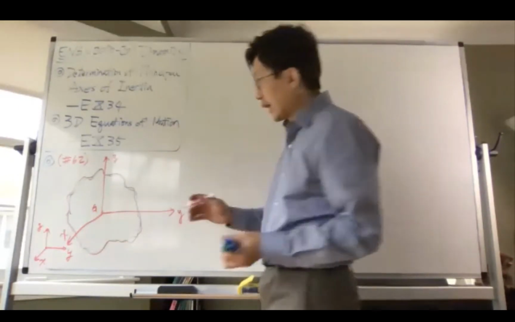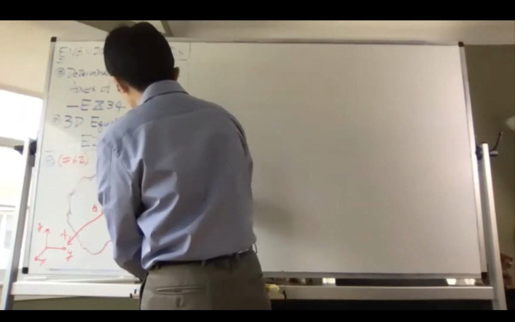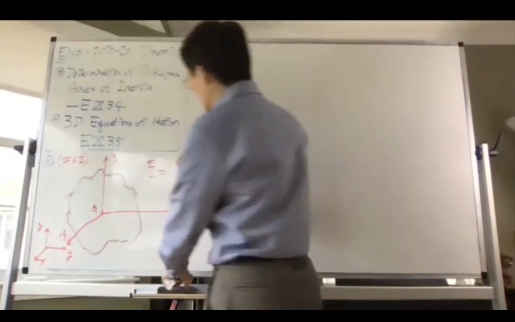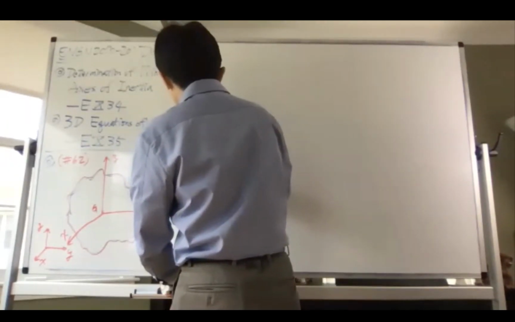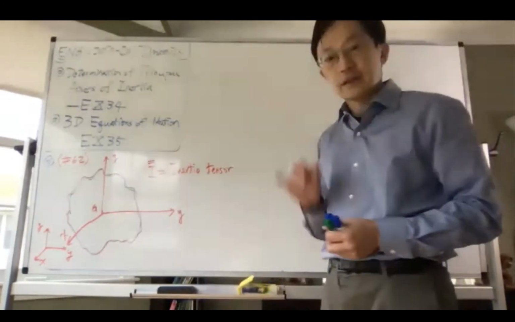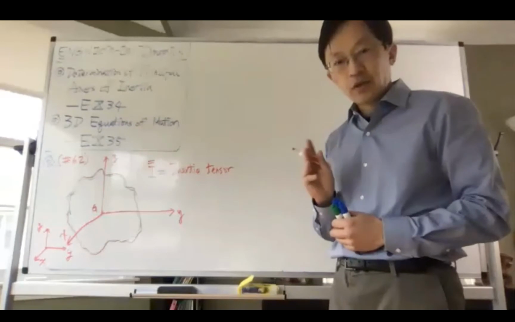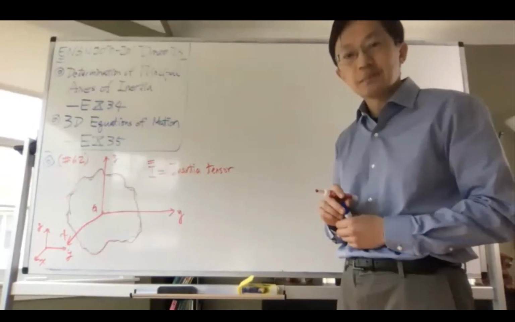So the calculation of all these, what we call the inertia tensor, contains 6 quantities, 3 mass moments of inertia and 3 mass products of inertia.